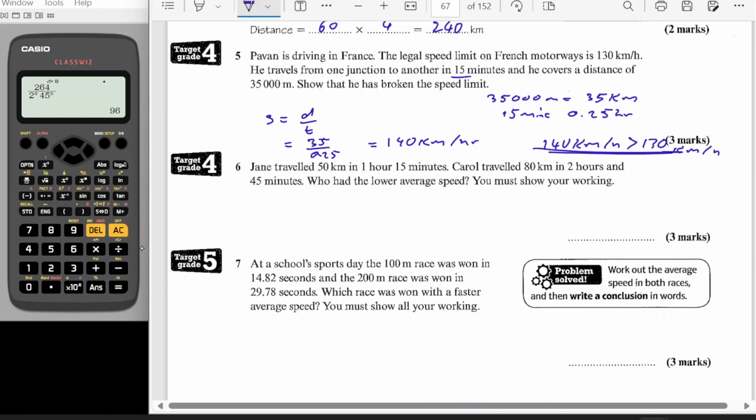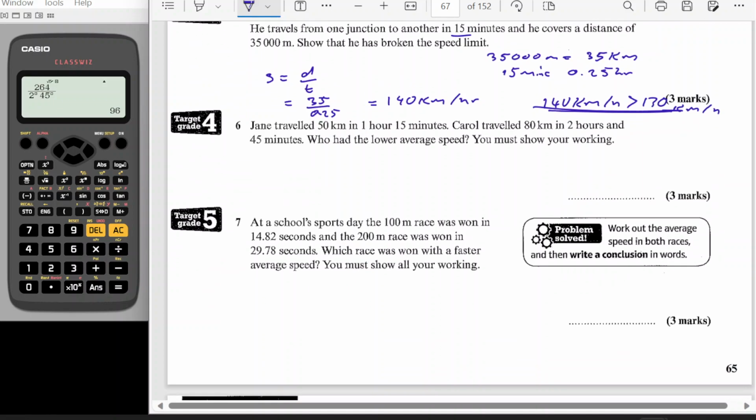Okay, question 6. Jane travels 50 kilometers in 1 hour and 15 minutes. Carol travels 80 kilometers in 2 hours and 45 minutes. Who had the lower average speed? You must show your working. Okay, so I'm going to look at Jane first of all.